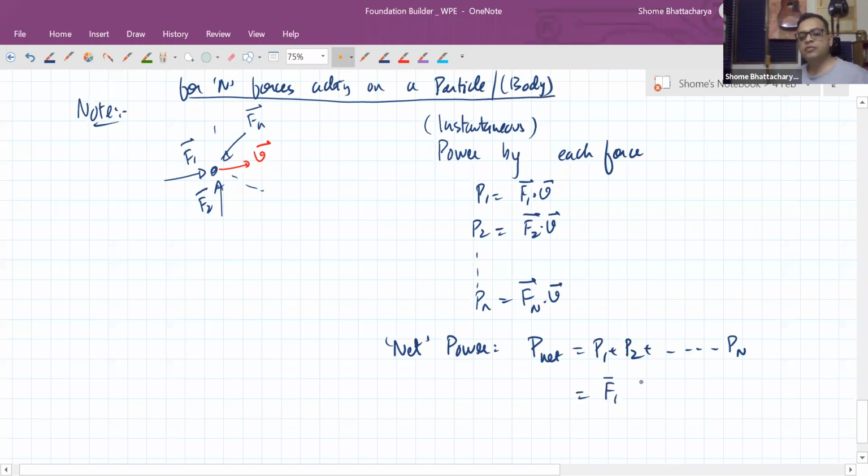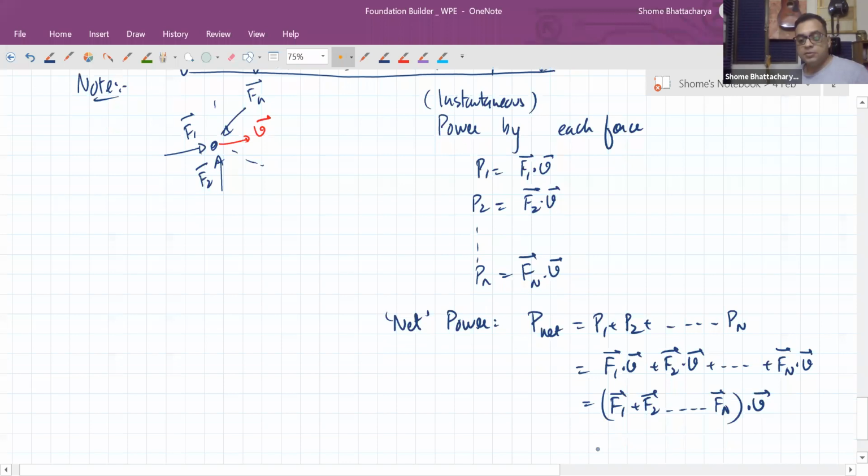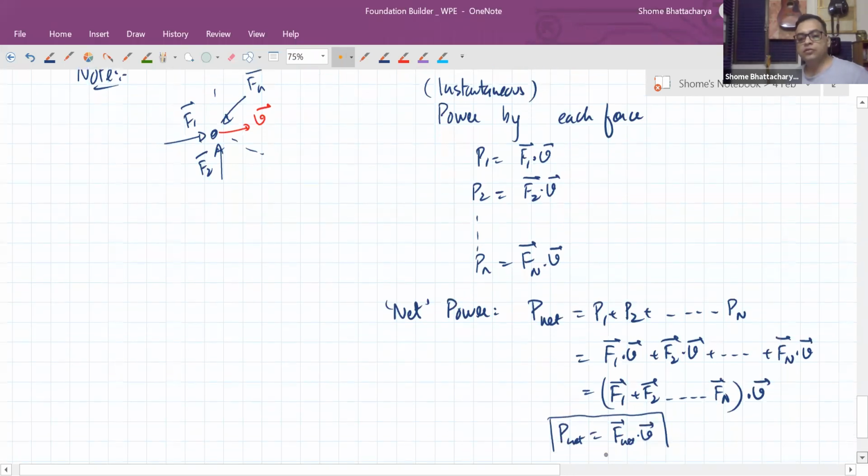So you can see that it becomes F1 dot v plus F2 dot v, addition up to the nth term. So with the distributive property of dot product, this can be written as the sum of all the forces dot product with velocity. And this is nothing but net force dot velocity. So the net power can be defined as the net force dot velocity.